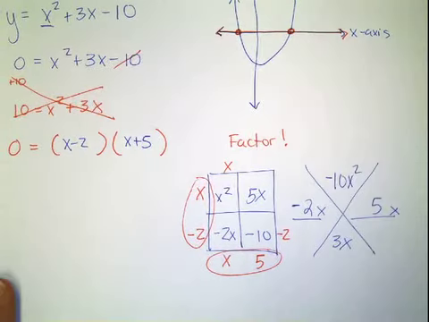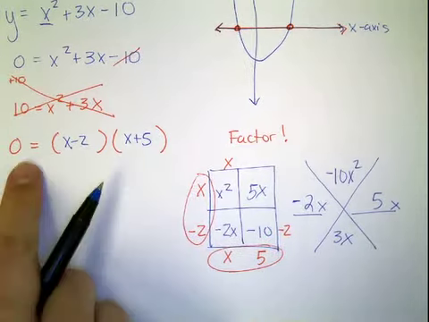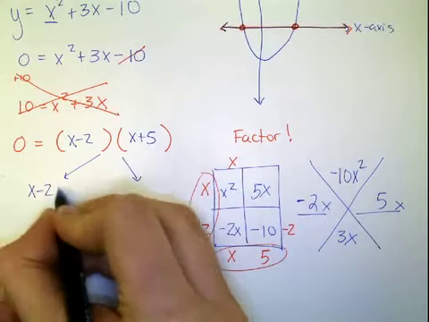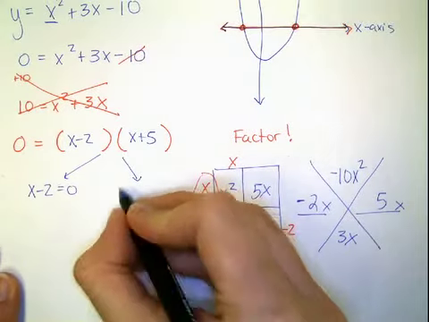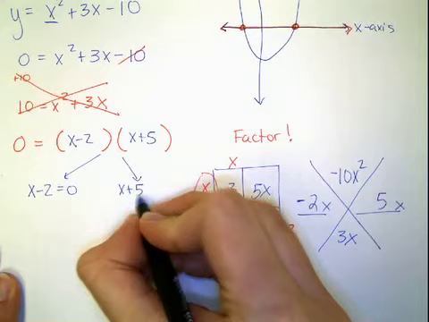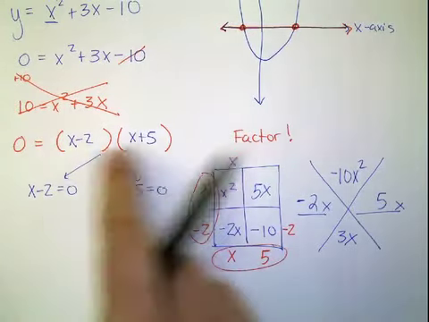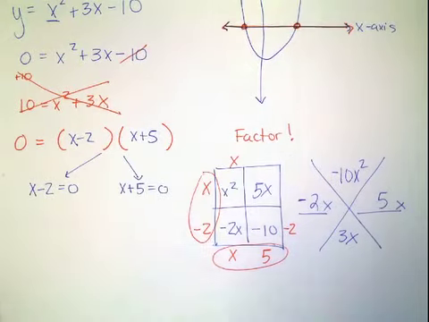But today we're trying to find the roots. We've set this equal to 0. So according to my zero product property, one of these things must be 0. Either the x minus 2 equals 0, or the x plus 5 has got to equal 0 for this to even be true. This is, on the last page of notes, the A and the B from that rule.